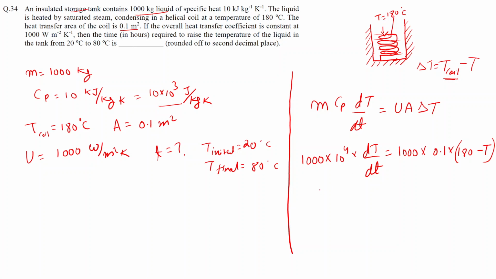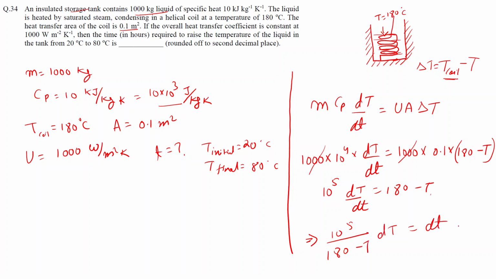So thousands will get cancelled and this will become 10 raised to 5 dT upon dt is equal to 180 minus T. Correct? So this we can also write as 10 raised to 5 dT upon 180 minus T is equal to dt.